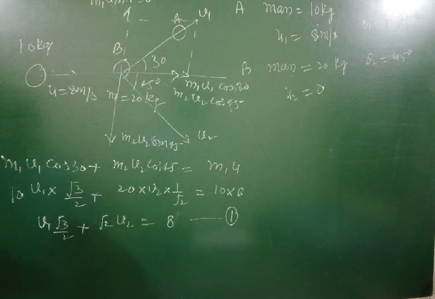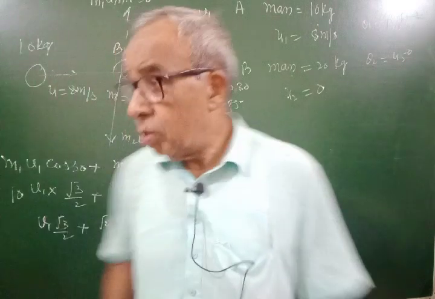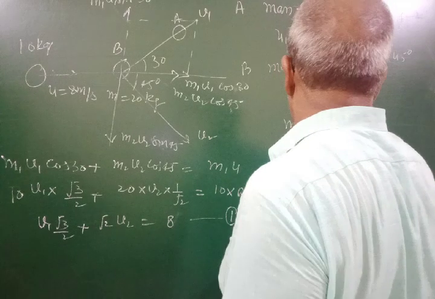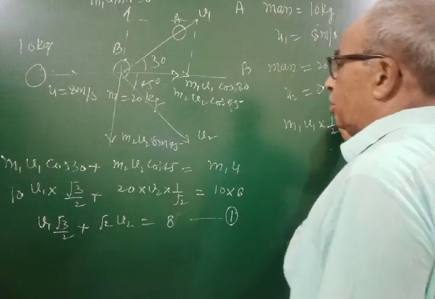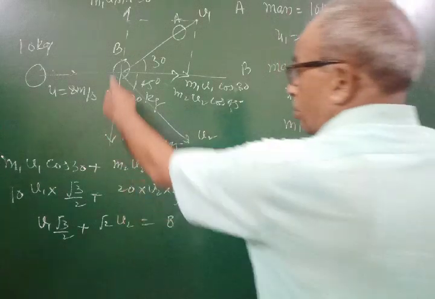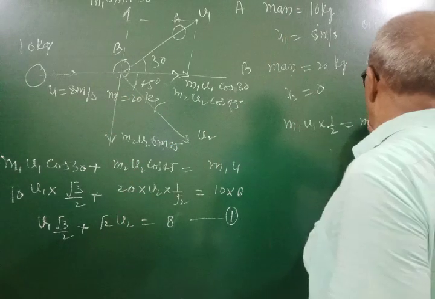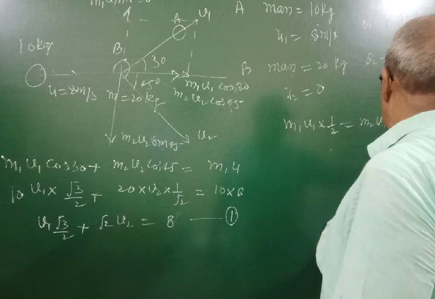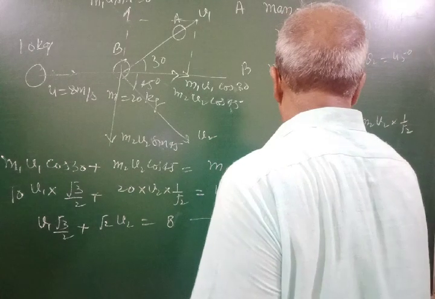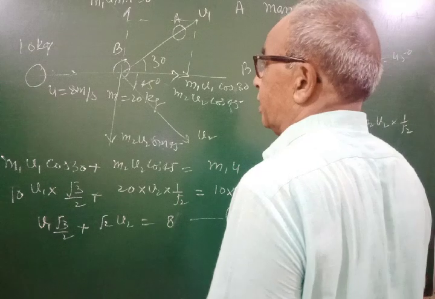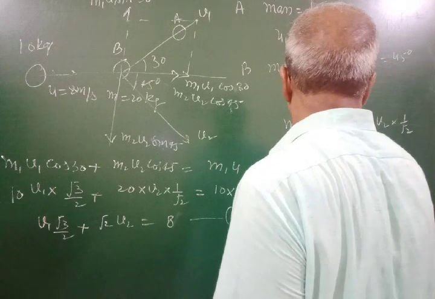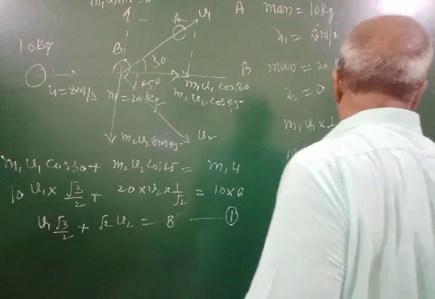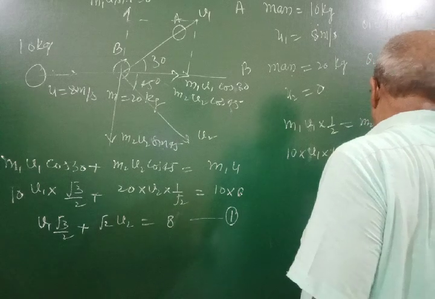Then M1 V1 sin 30, 1/2, is equal to M2 V2 sin 45, 1/root 2, with M1 equal to 10. So V1 into 1/2 is equal to 20 into V2 into 1/root 2.